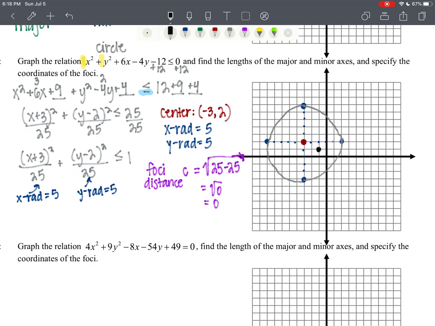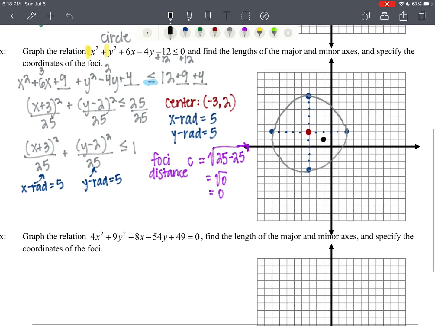For sure, this value right here is inside the curve, negative 1, 1. If I put negative 1, positive 1 in, if it's true, then that's where we shade. If it's false, then we shade outside the circle. So let's put negative 1, 1 in for a test point and see if it works.